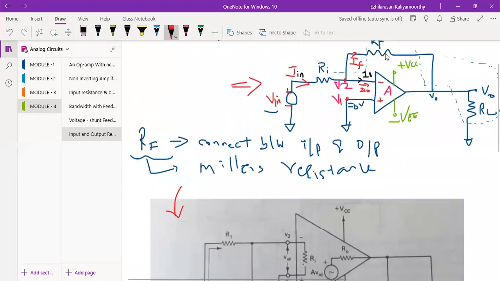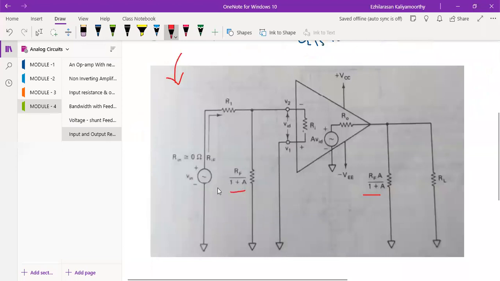What is the name here? It is RF. On the input side it is RF by 1 plus A. On the output side, R2 is RF times A by 1 plus A, which comes from RF by 1 plus 1 by A. Here A is nothing but the open loop voltage gain.